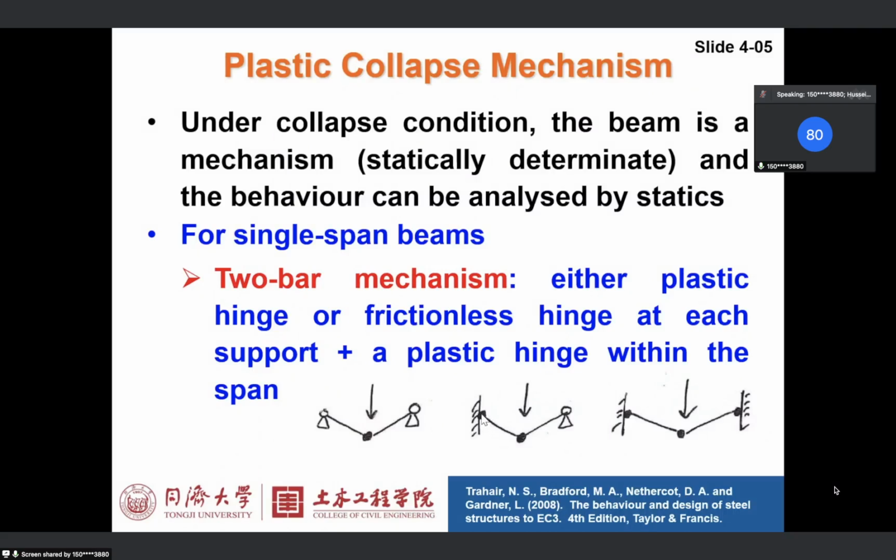This is a fixed end, this is a simple support. Similarly, we have one plastic hinge here and one plastic hinge here, and we form a two-bar mechanism again. And similarly here, fixed end, point load, so also three plastic hinges and a two-bar mechanism. These photo illustrations show you the typical two-bar mechanism.